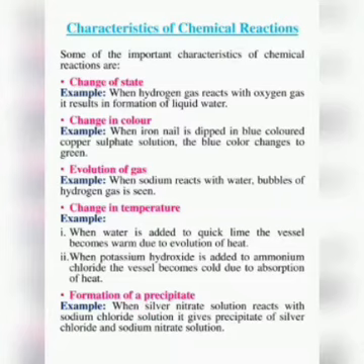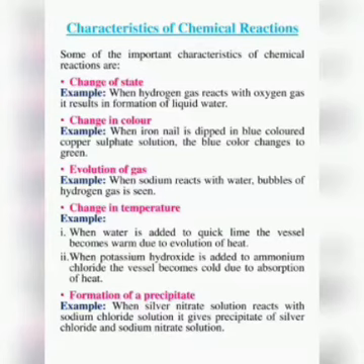And the sixth one, evolution of gas. So those are the characteristics which we have to look for in order to find out if the change is a chemical reaction. All right.